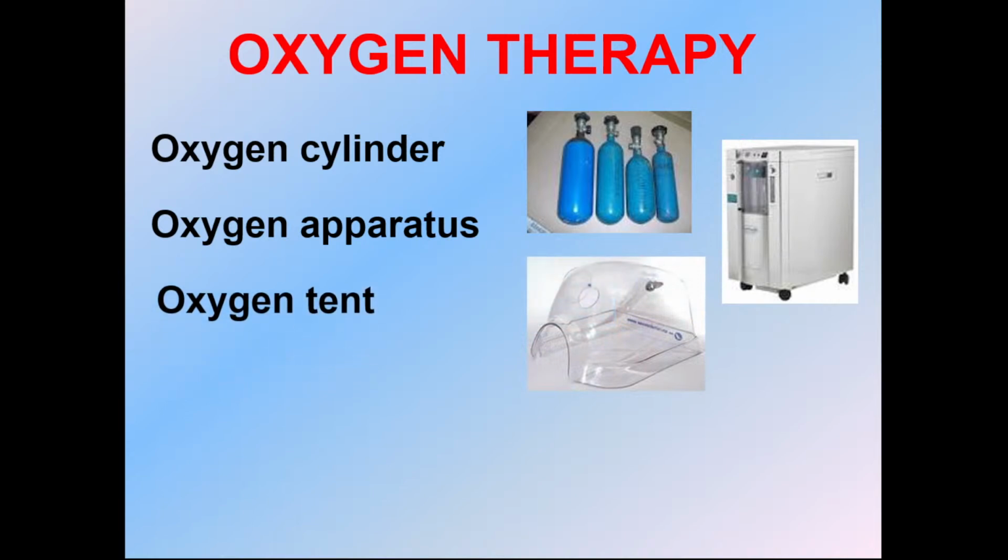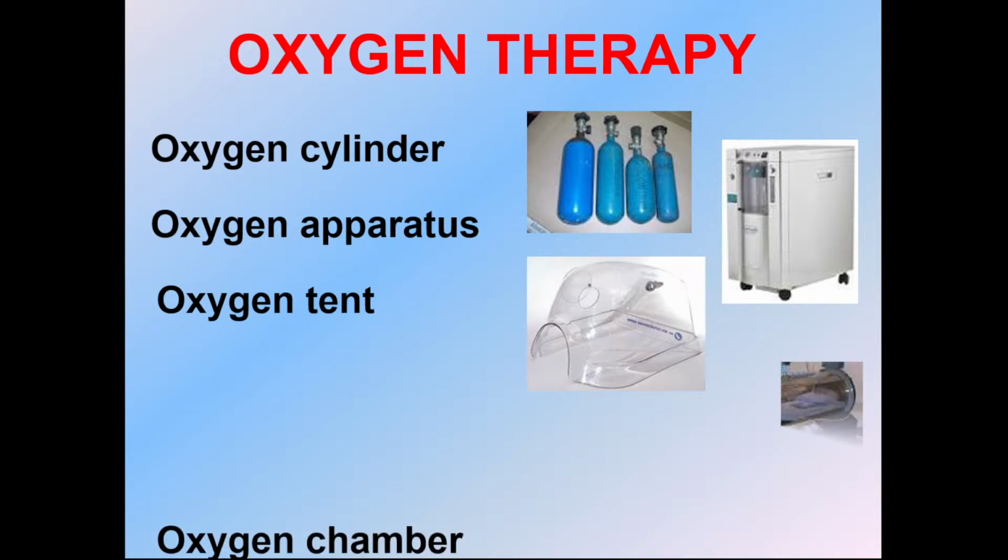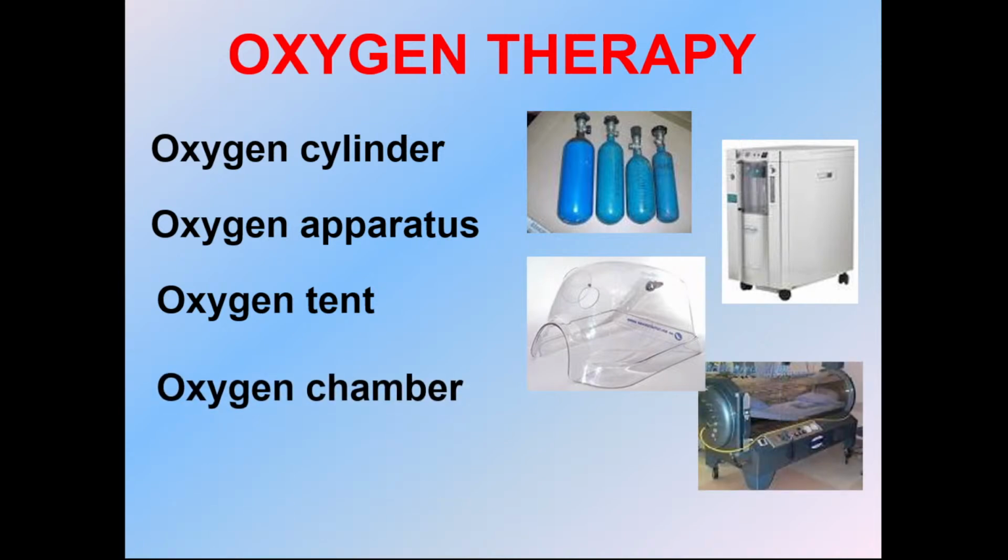We can use an oxygen tent, especially for newborns and small children or patients with disordered consciousness. We can use an oxygen chamber when oxygen is given with special pressure and is absorbed through all the skin of the patient.